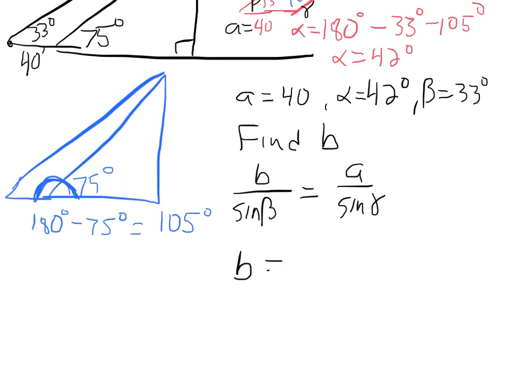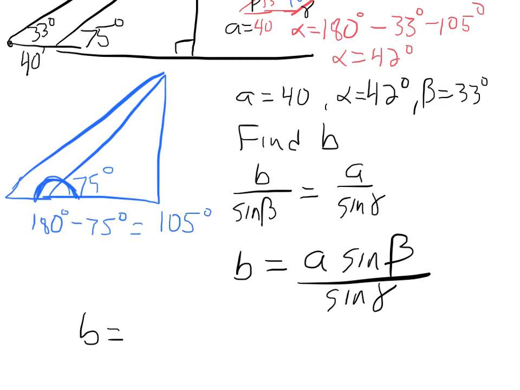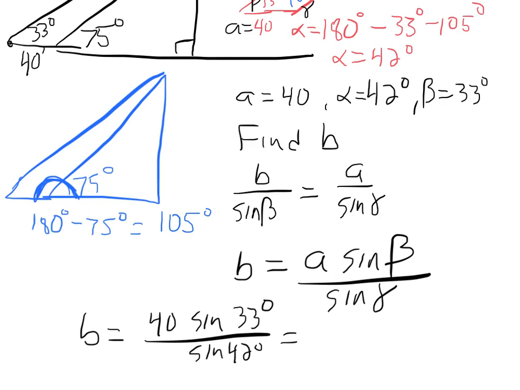So B equals A sine beta over sine alpha. And when we plug this into our calculator, it would be 40 sine 33 degrees divided by sine 42 degrees. We get 32.55, and the instruction said round to the nearest foot, so we will go to 33 feet.